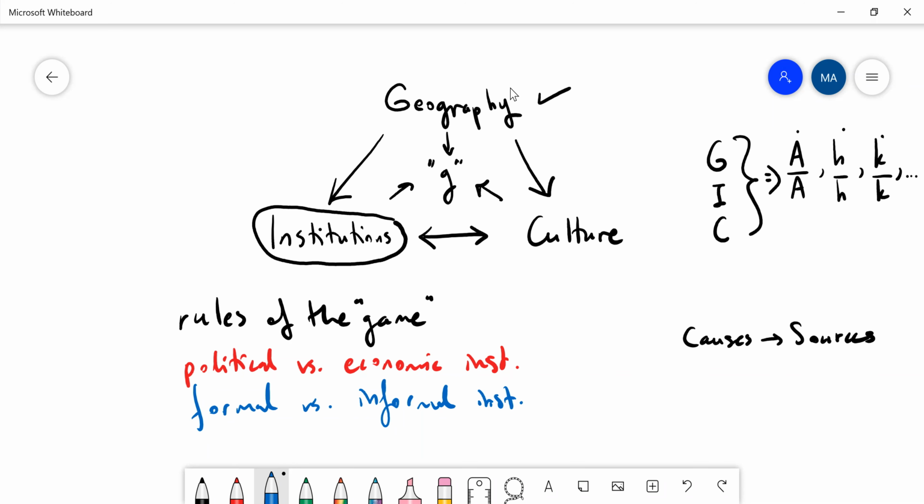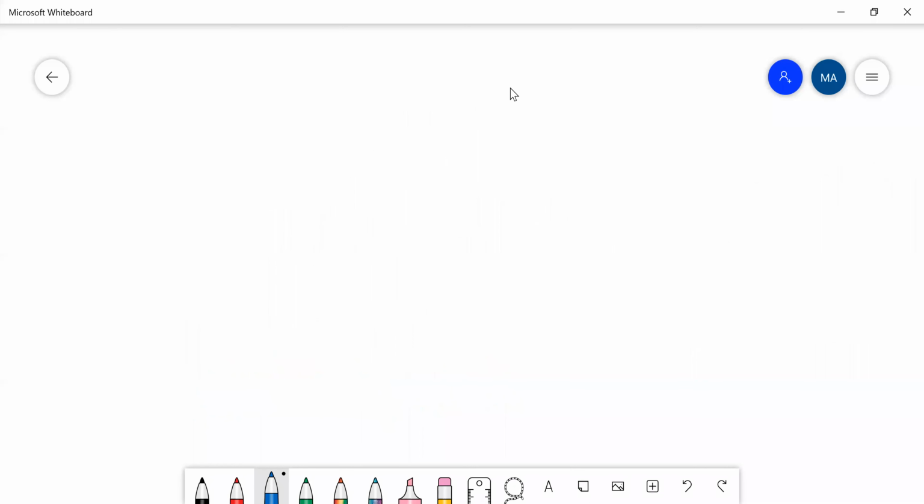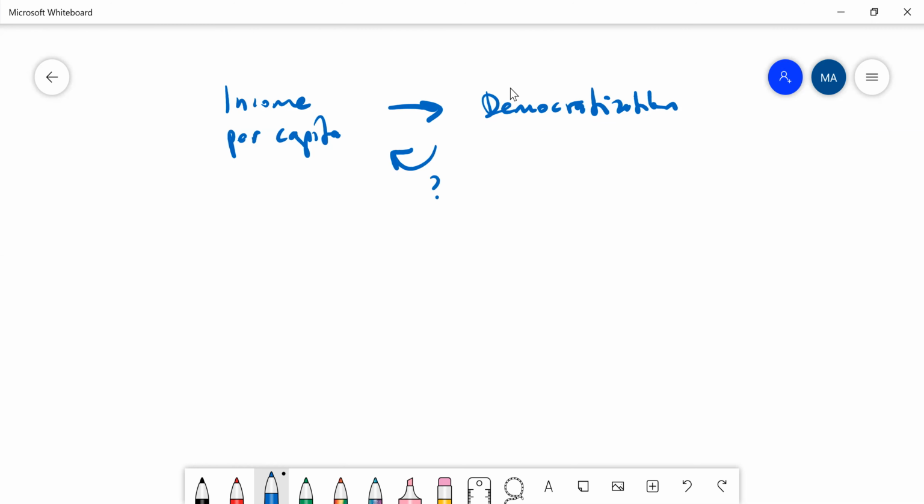So the biggest issue that is still controversial, according to some economists, is whether income per capita affects democratization, okay, or the relation is reversed, right?